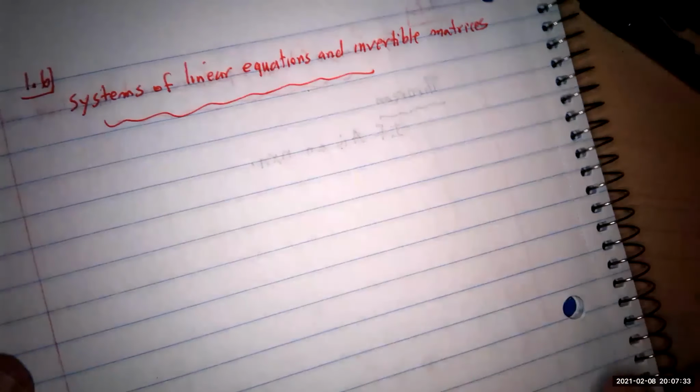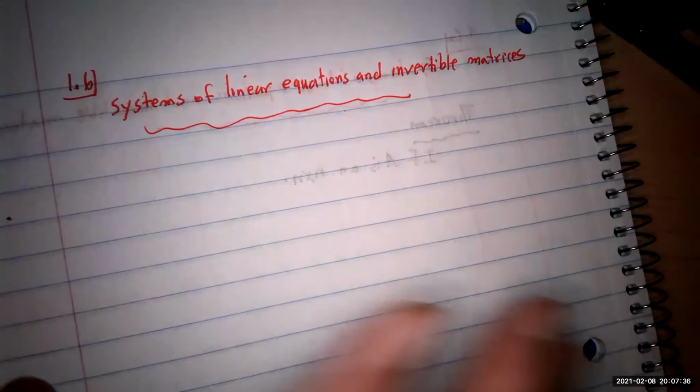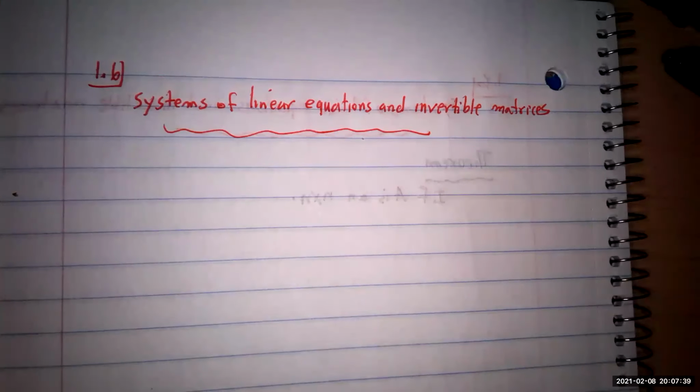The basic part is going to be this easy theorem that gives you a relationship for how we're going to solve a matrix equation. That's what we're going to do in section 1.6. We are going to see the relationship between the system of equations and the invertible matrix.